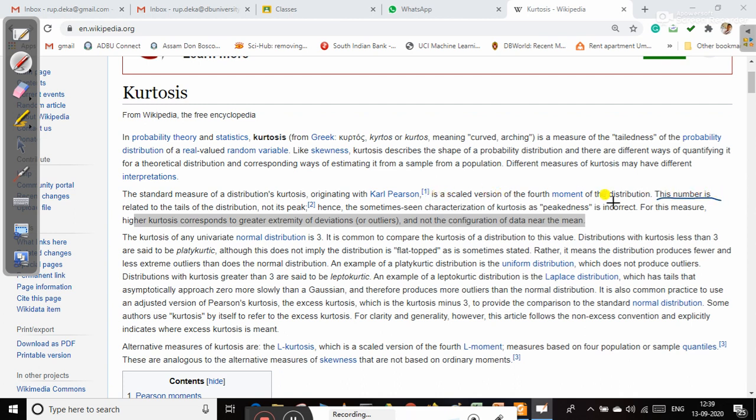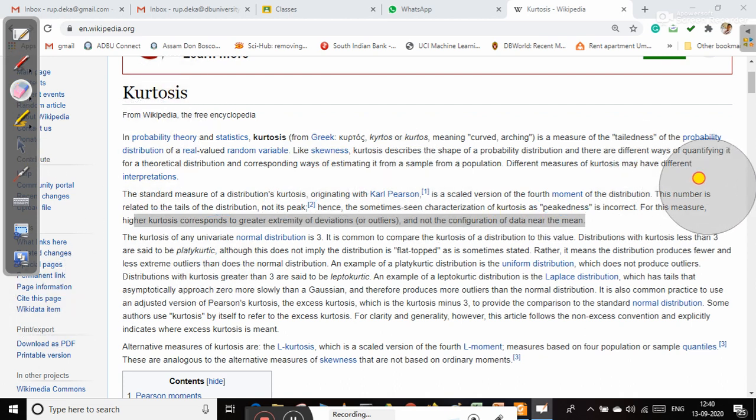This number is related to the tails of the distribution, not its peak. But many times you will find that many people describe it as peakedness, but that might be wrong. Higher kurtosis corresponds to a higher extremity of deviation, meaning the deviation will be much higher if the kurtosis value is higher, not the configuration of data near the mean.